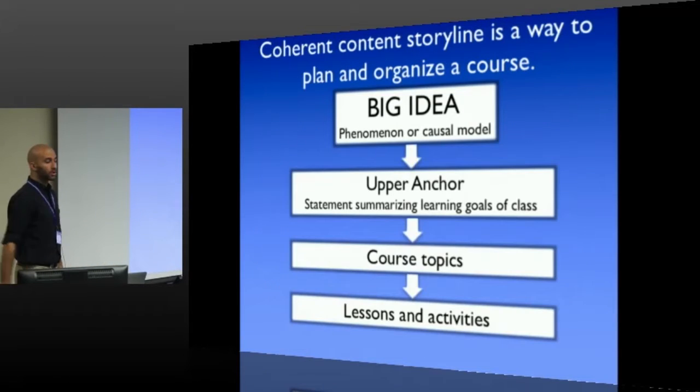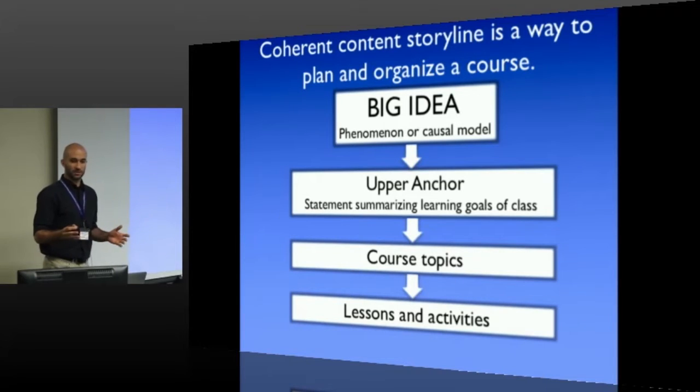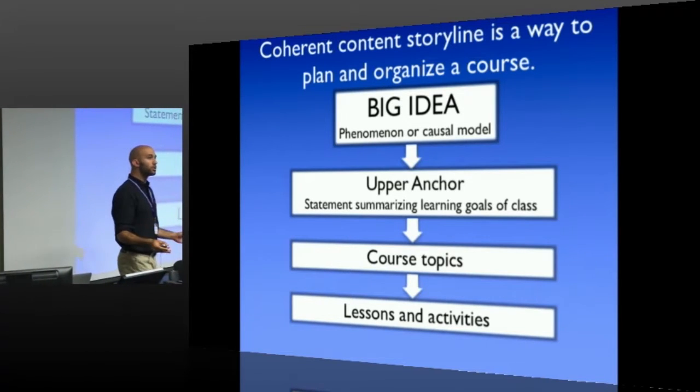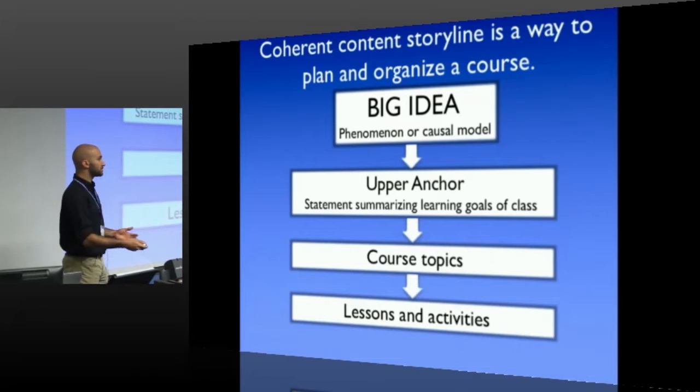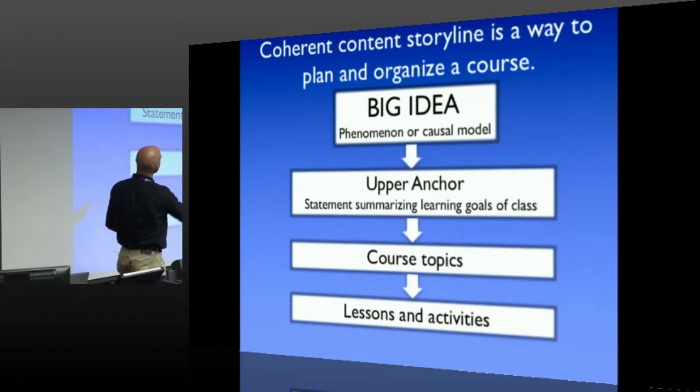So, coherent content storyline is a way to organize a course. You start off with some underlying big idea. This is your goal for what you want to teach to people in the class. Usually you tie this to some phenomenon or some causal model. From there, you develop what we call your upper anchor.